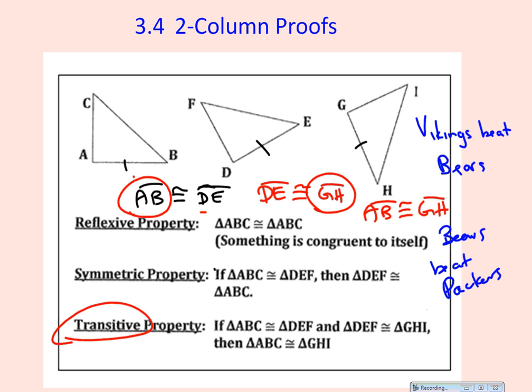According to the transitive property, since the Vikings beat the Bears and the Bears beat the Packers, that means the Vikings beat the Packers. Now, of course, that's not really true. We don't know, or they haven't played that game yet. But that's kind of how the transitive property works. That's putting it into a context for you.